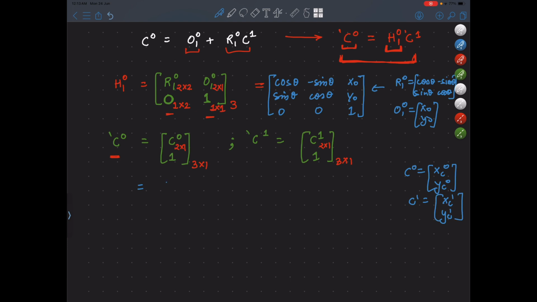Then C naught prime will be given by x C naught, y C naught, 1, and C1 prime will be given by x C1, y C1, and 1. So this is just a representation. Now why does this expression hold true? Let's verify this expression once.